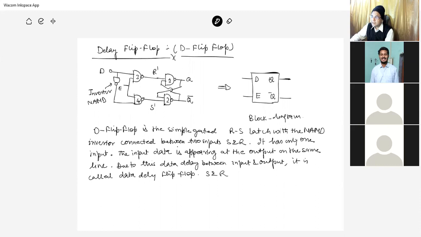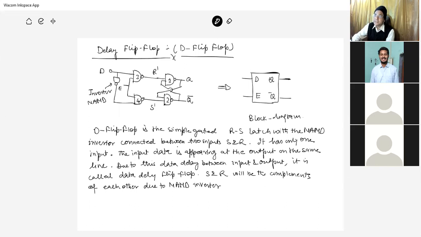S and R will be the complements of each other due to NAND inverter.